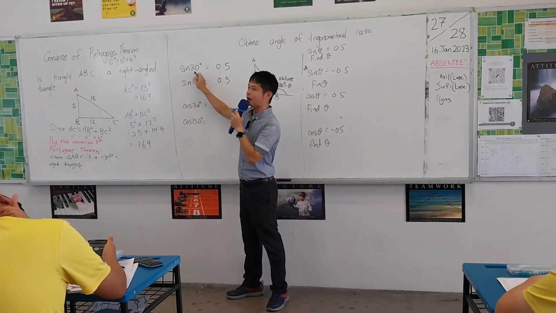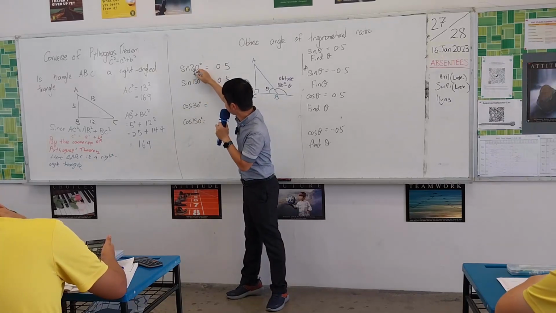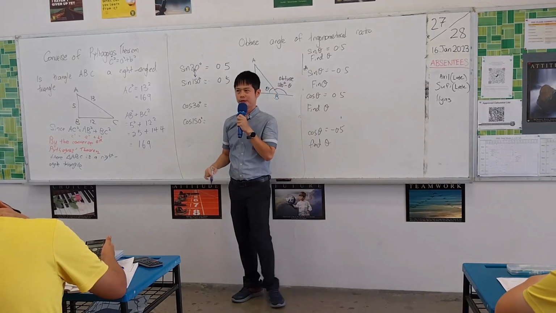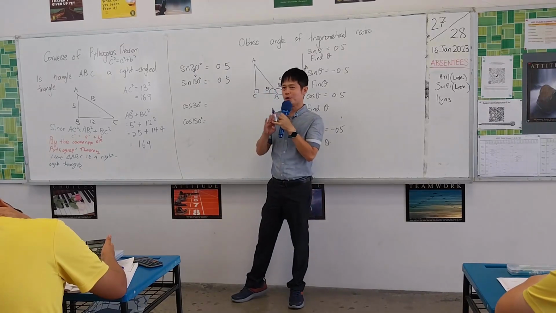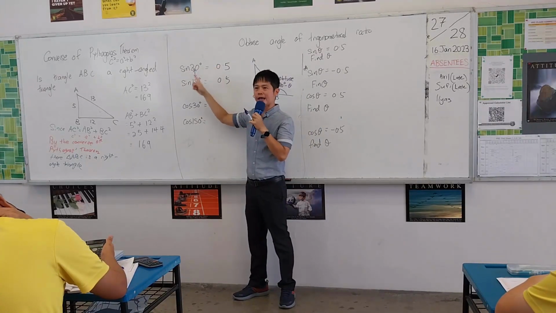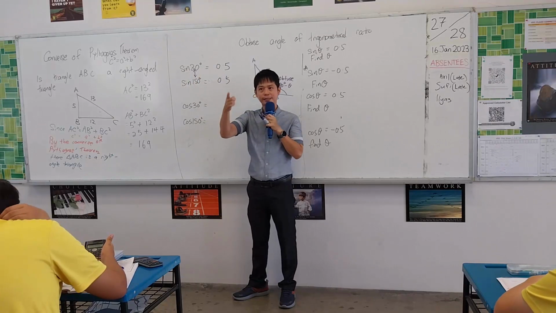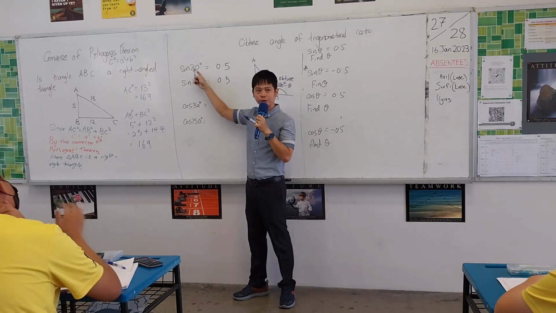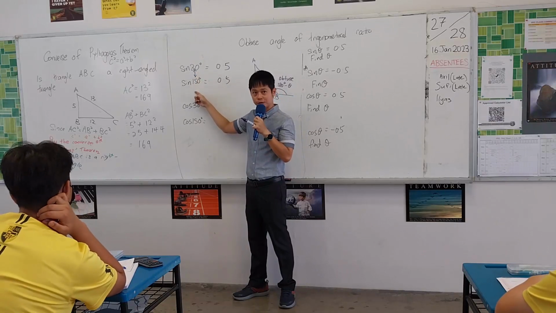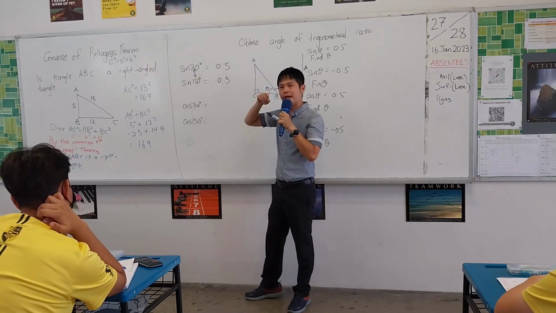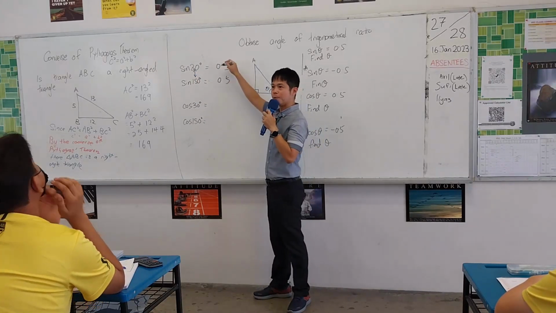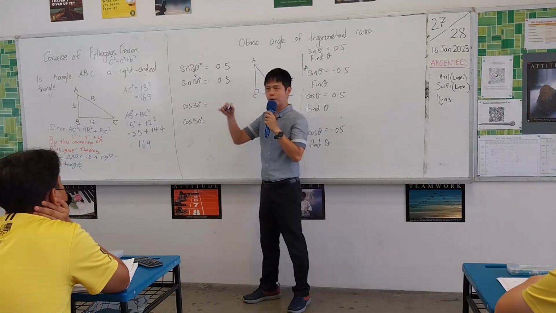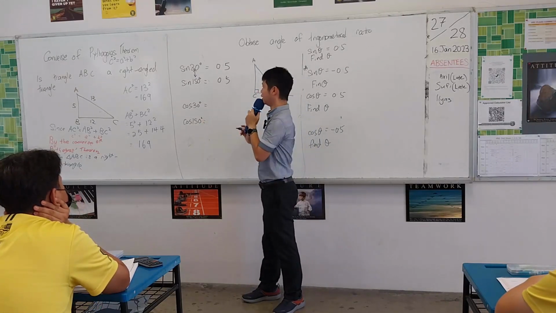What is so special about these two numbers? The relationship between these two numbers, they add up to? So, sine 30 and sine 180 minus 30, which is 150. If this is the acute and this is the obtuse, they will both have the same ratio, 0.5 or 1/2.